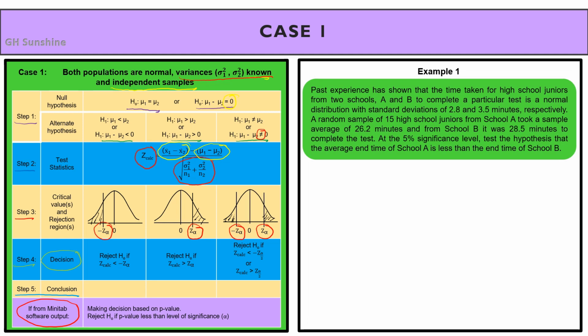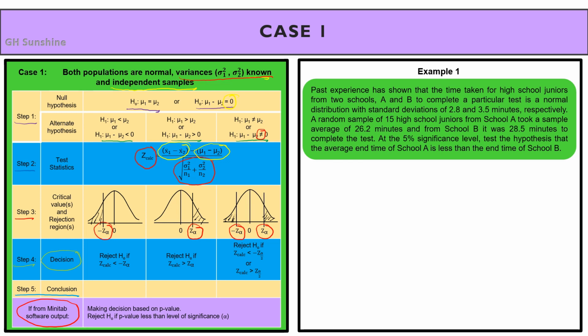First example. Past experience has shown that the time taken for high school juniors from schools A and B to complete a particular task is normally distributed, with standard deviations of 2.8 and 3.5 minutes respectively.